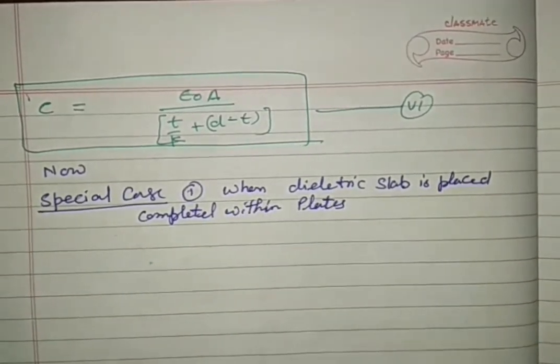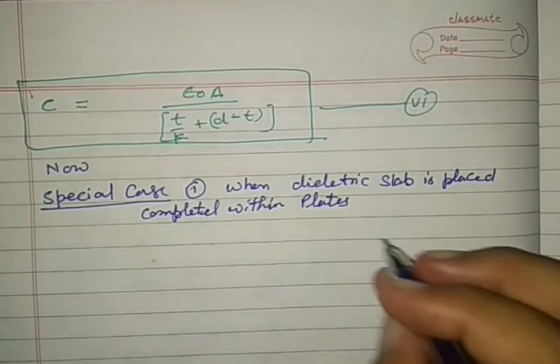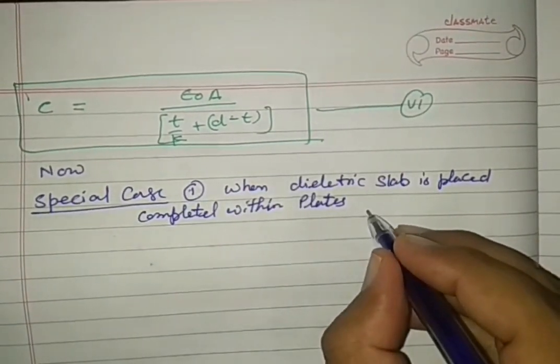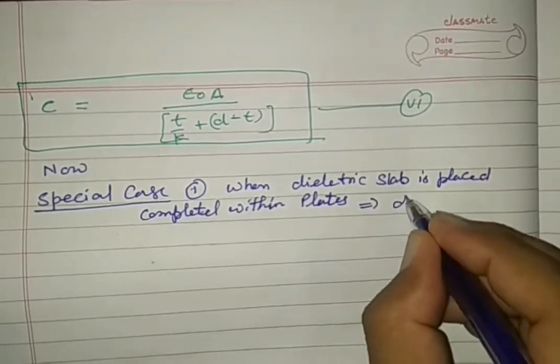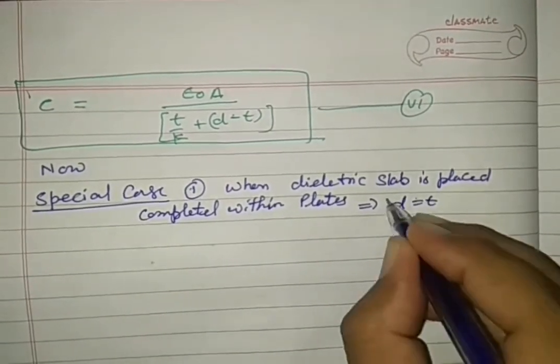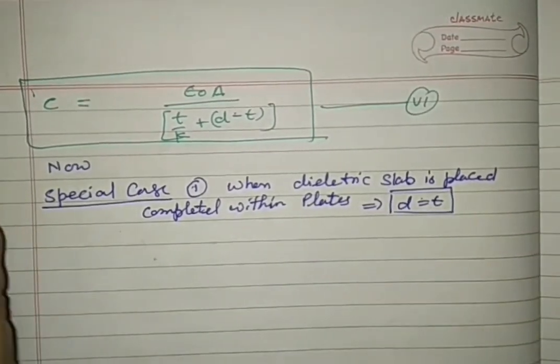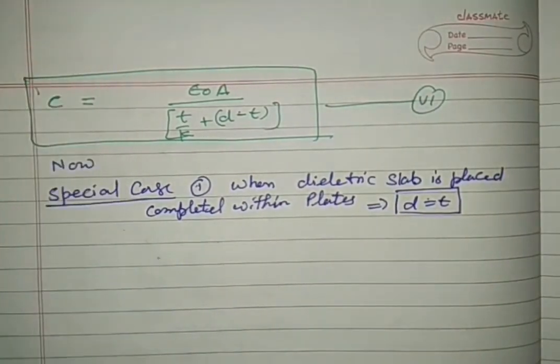When the dielectric is placed completely, then in mathematical expression we can say that D is equal to T. If D is equal to T, then what will be the formula? See carefully here.